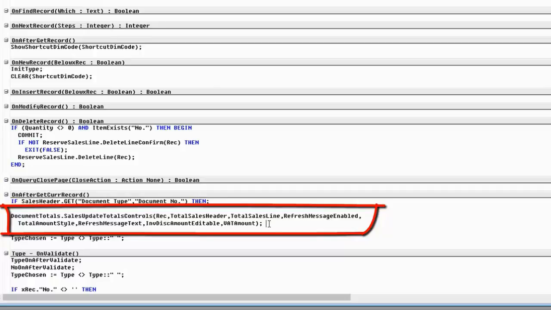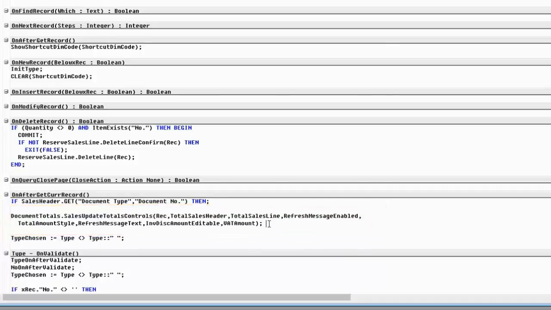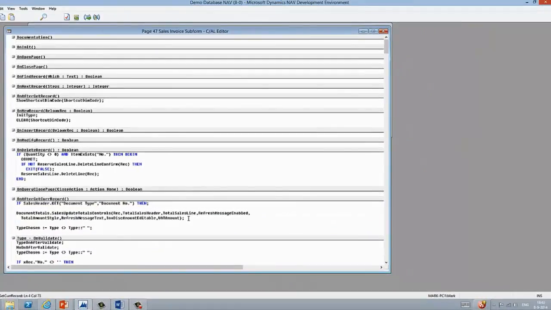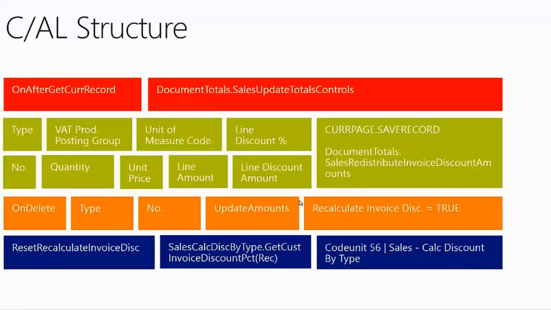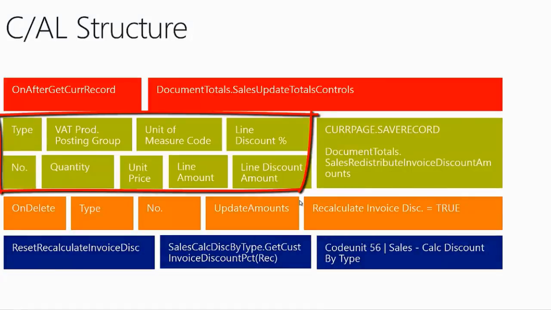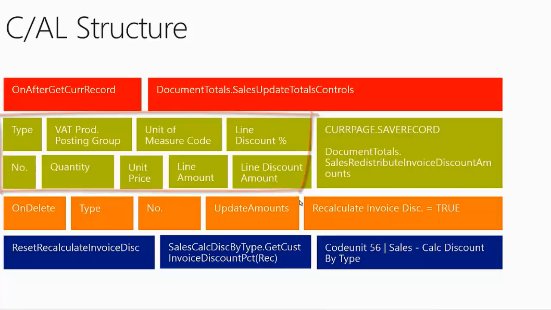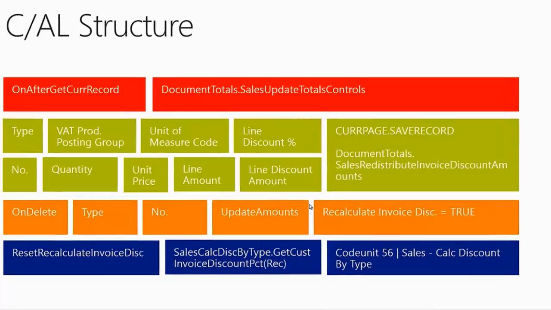But before we go into the definition of this function, let's first look at the fields that trigger the recalculation. There were 9 fields that, after populating a value, the system will call a function in the document totals codeunit.